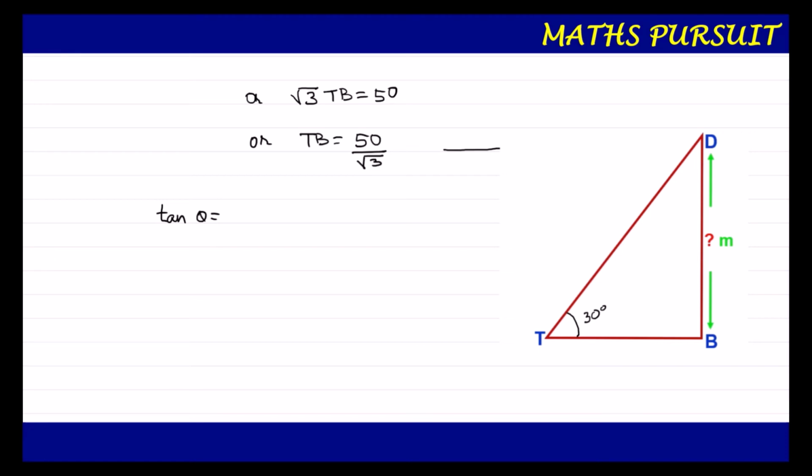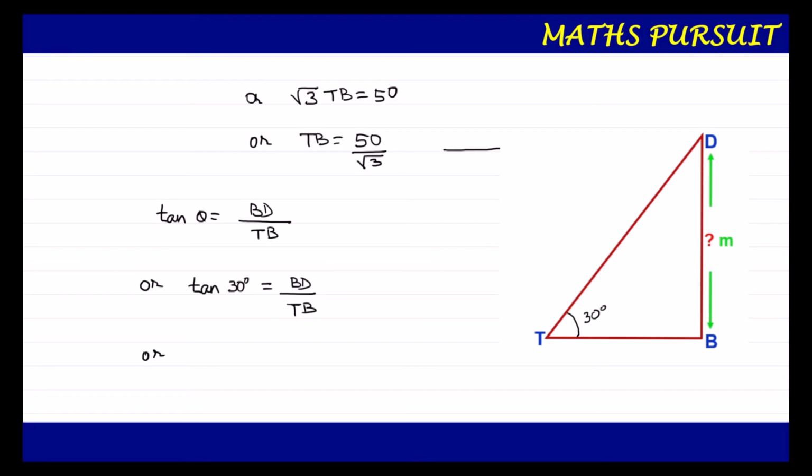So here the opposite side of angle theta is BD upon TB. Or I can write tan 30 degrees, since the value of theta is 30 degrees, is equal to BD upon TB.